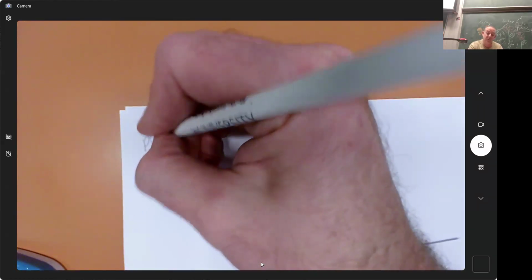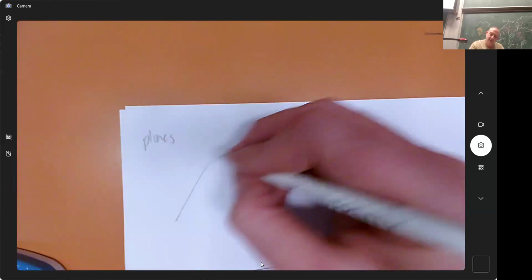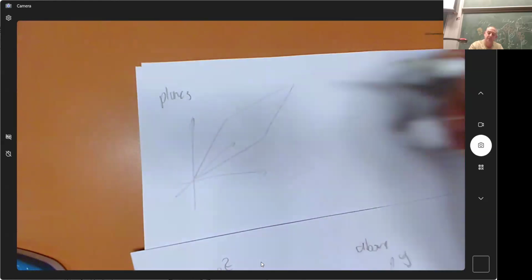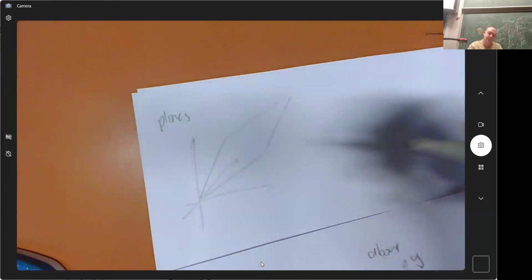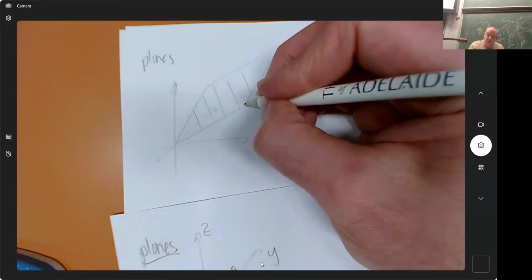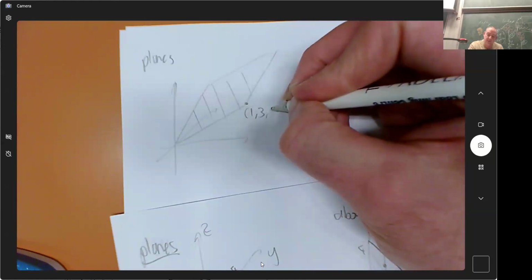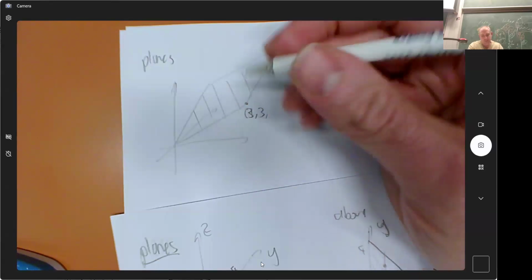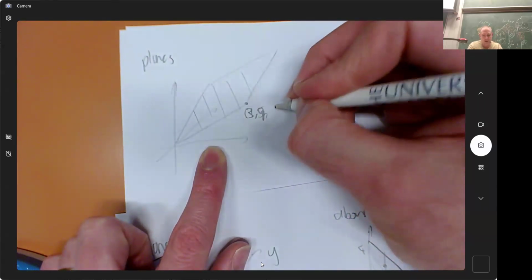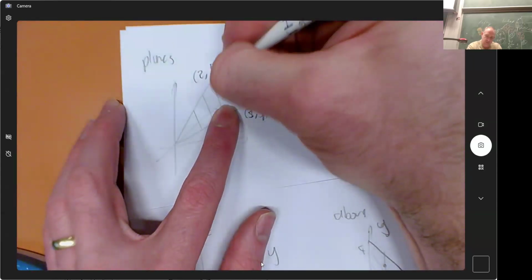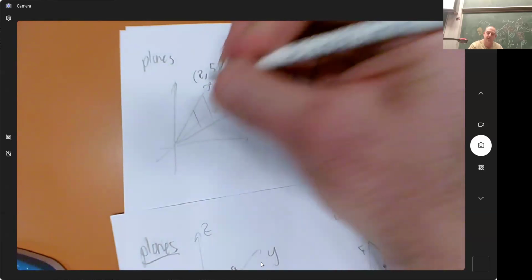So I'm just making up stuff. I don't know if you're supposed to remember it. If I had a parallelogram which passed through this point, that looks more like 3, 4, 1, and 2, 5, 3, something like that.